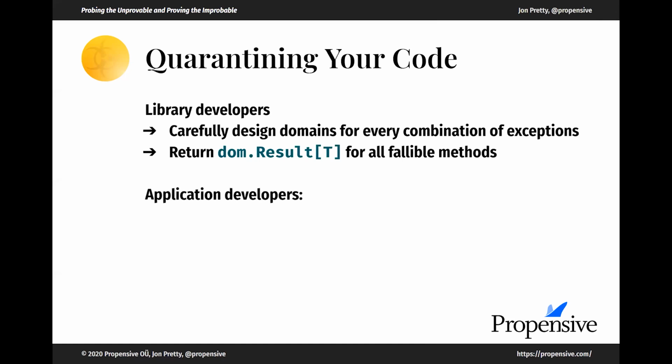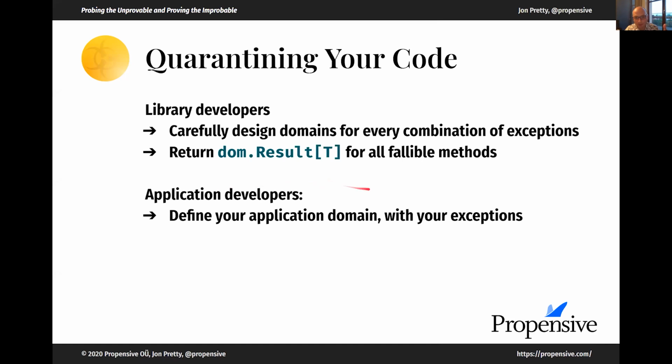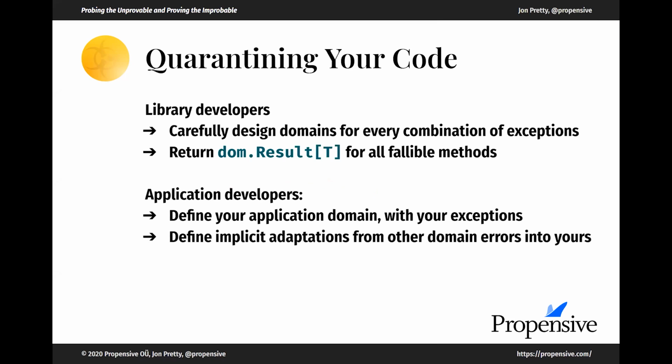And then for application developers, the users of this, what you probably want to do is define your own application domain with the exceptions that you want to be handling in your code, or in the particular layer of your code that you're working with. You can define implicit adaptations from the other domain into yours. So you can maybe say that anytime a JSON error occurs, whether it's come over HTTP or read from a file, maybe you just want to say that is a third-party exception.